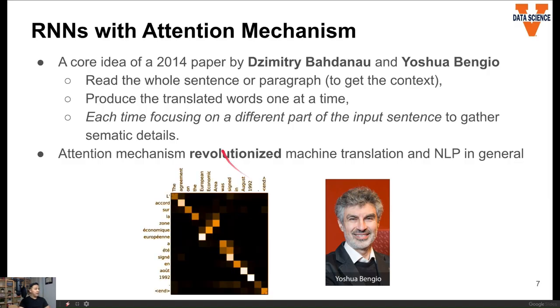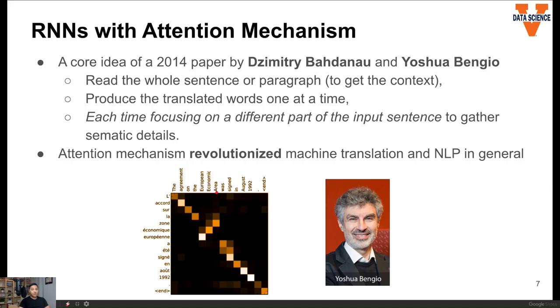And let me explain. Say you have words in English, like this one, an agreement on the European Economic Area, and so on, and translate into French. Each of these words is mapped to the corresponding word in the other language, and the mapping typically follows a very straightforward pattern, except for the words the European Economic Area.